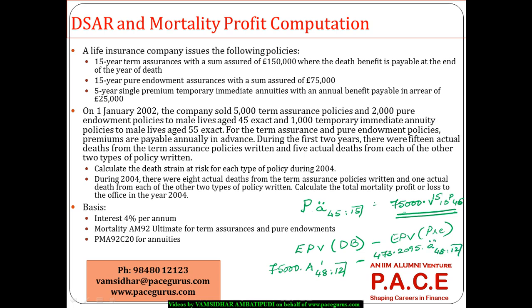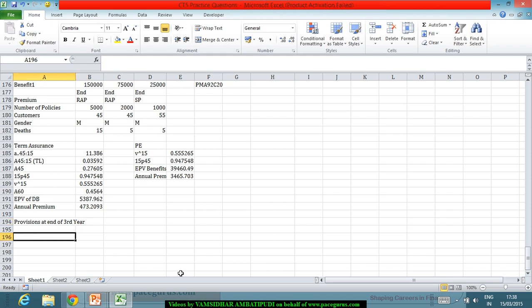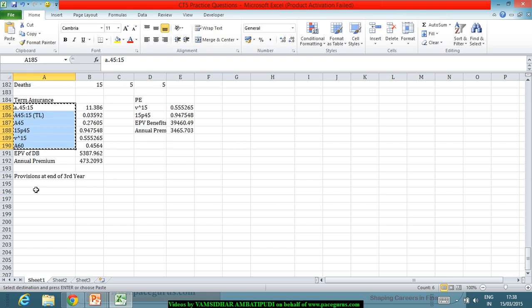So for this I require capital A 48:12 as well as small a double dot 48:12. Again I can follow a similar kind of logic here.